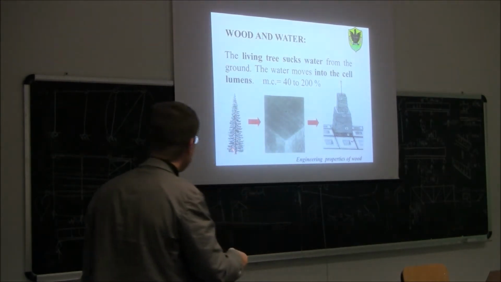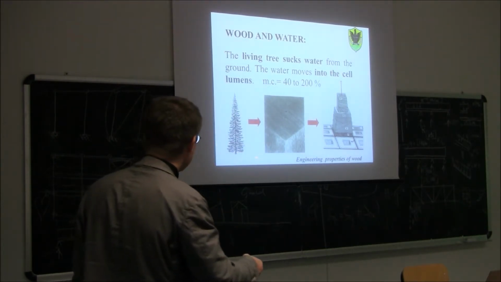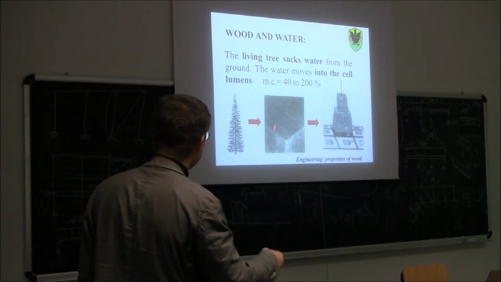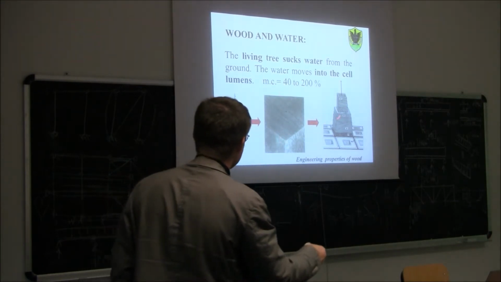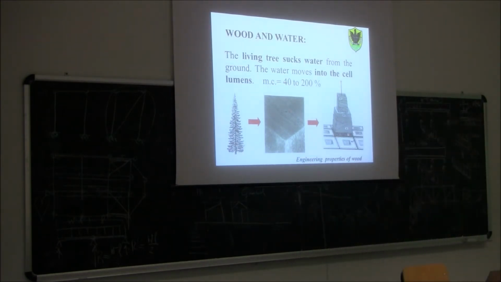So when the tree is alive, the tree is full of water. The water goes up the tree, saturating all these holes, all these cell lumens. So when the tree is alive, all these cell lumens are full of water.